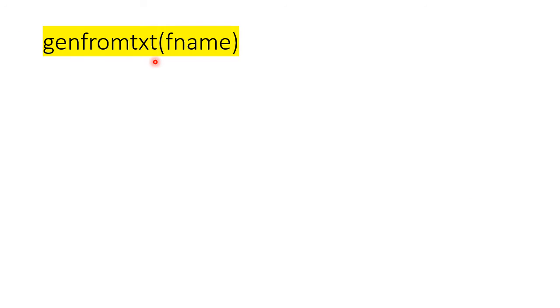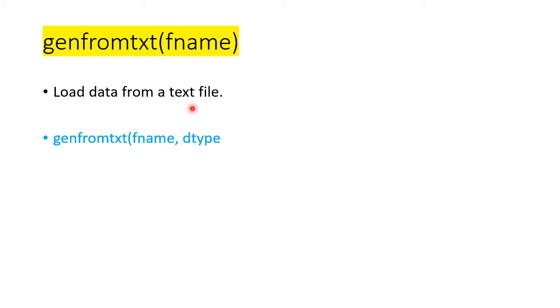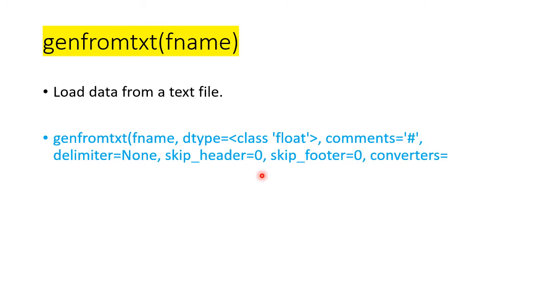The genfromtxt function is used to generate the array from the text file that we have saved, and this function will load data from a text file as an array. The syntax of this function is this one.